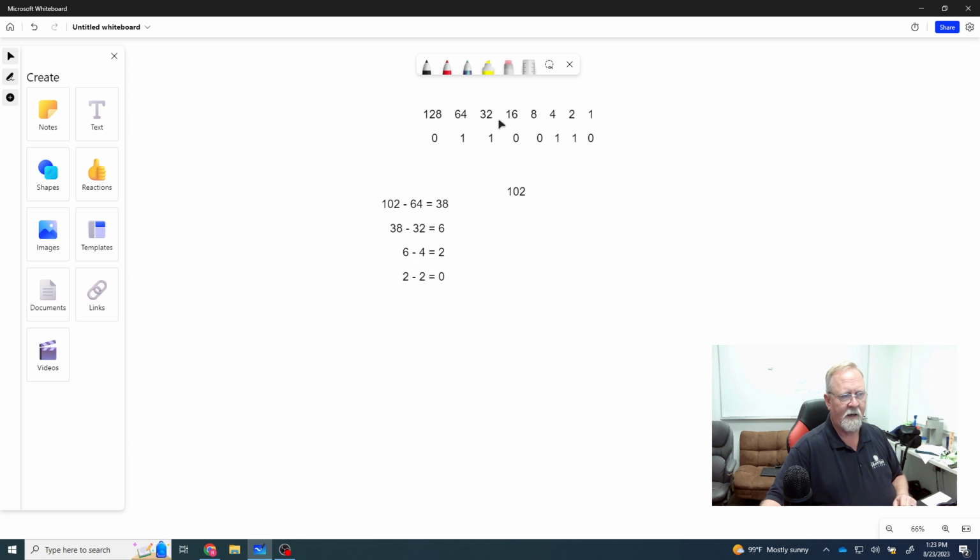Anything between the two gets a 0, and you continue that process until you get all the way to 0. It will always come out evenly at 0, and that's how you'll convert from a decimal number to binary.